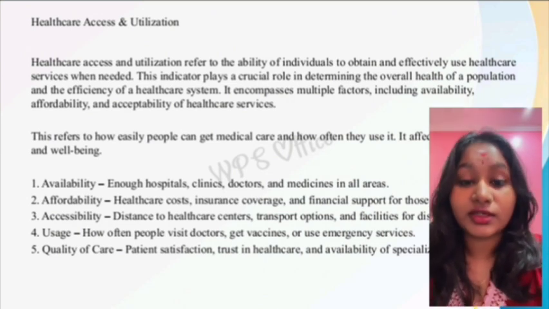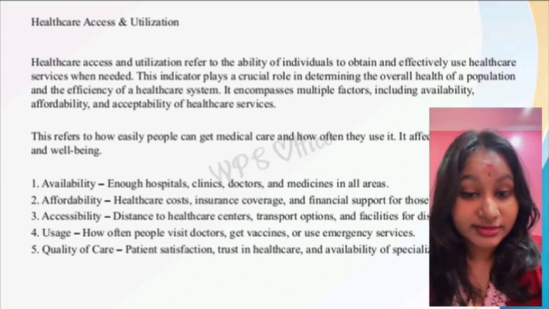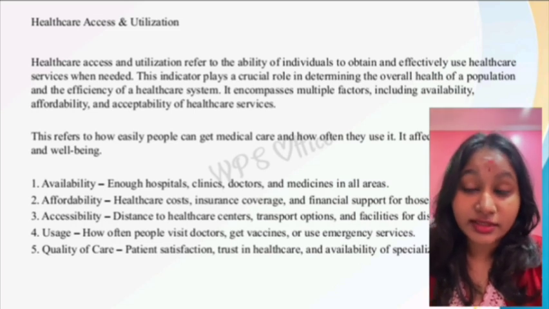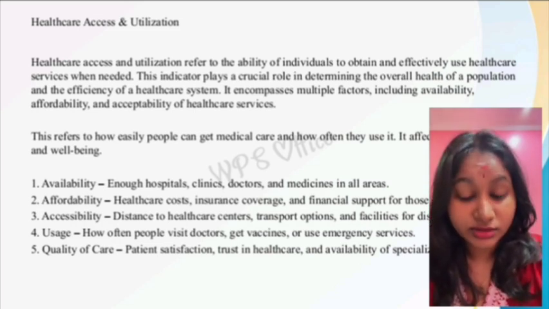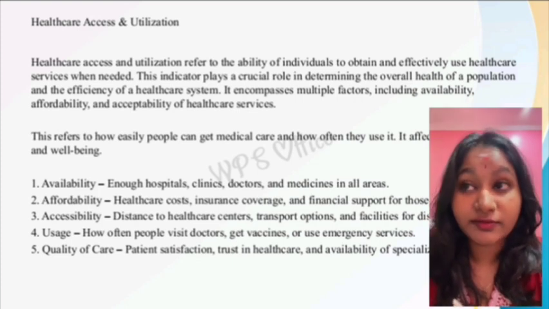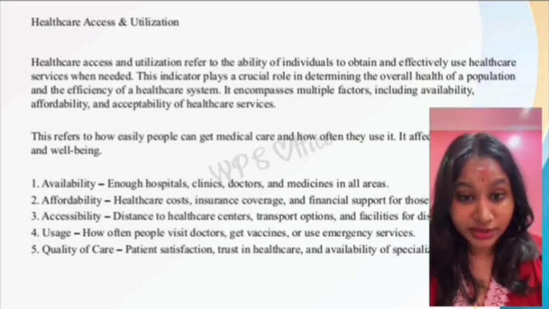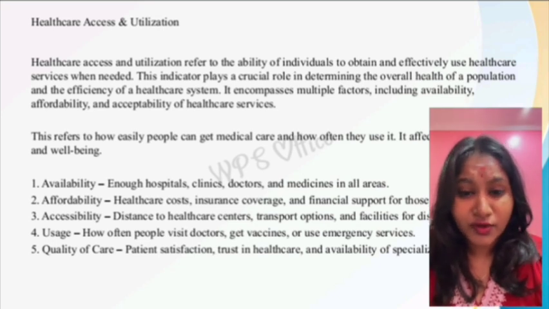So that's where healthcare access and utilization come in. Basically, if you need healthcare services, there are enough doctors, enough hospitals, enough clinics. If you are having an emergency, you can afford to reach the clinics and get the medicines at a low price.